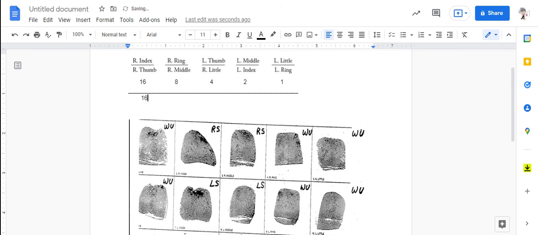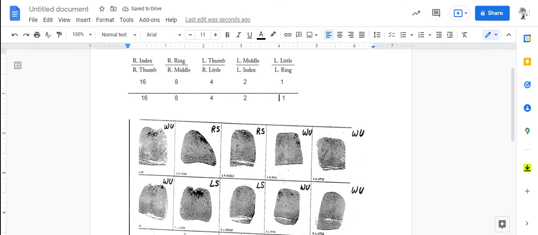If the right thumb has a whorl, it would be a 16. If the right middle finger has a whorl, it would be an 8. If the right little finger has a whorl, it would be a 4. If the left index has a whorl, it would be a 2. And if the left ring finger has a whorl, it would be a 1.